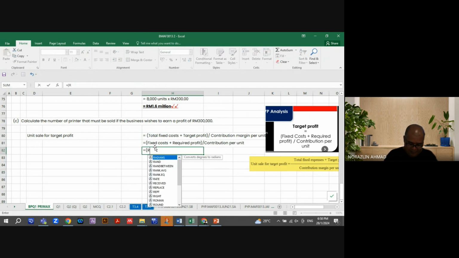Okay, fixed cost is RM 150,000 plus RM 300, divided by RM 75.